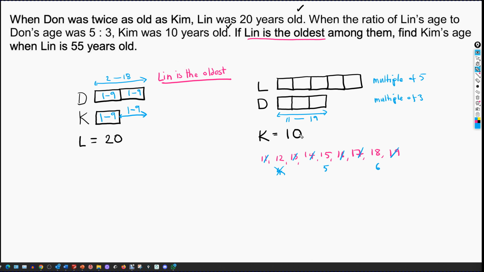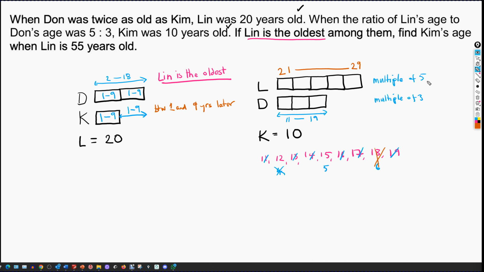That means that if she's 10 here, this is between 1 and 9 years later. Okay? And if this is between 1 and 9 years later and Lin is 20 here, then here Lin must be between 21 and 29, which of course eliminates that and tells us that it's this, that each of these has a value of 5.